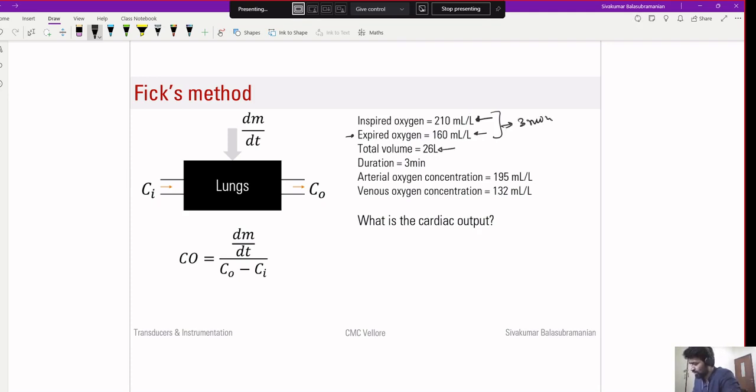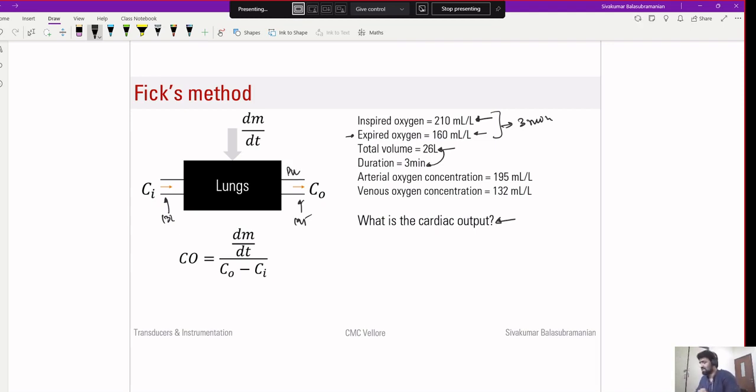The total volume of gas that was exchanged was 26 ml, again over a period of 3 minutes. And the average arterial oxygen concentration was 195 here, and it was 132 here. I should have changed this because this is the pulmonary vein and this is the pulmonary artery, but you get the point.